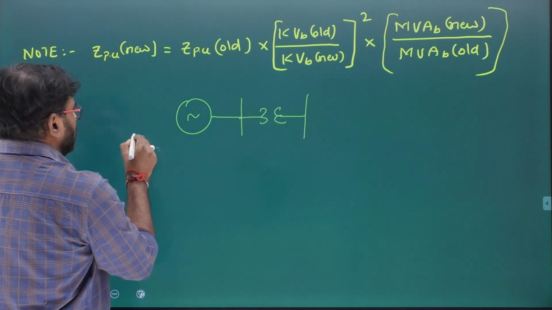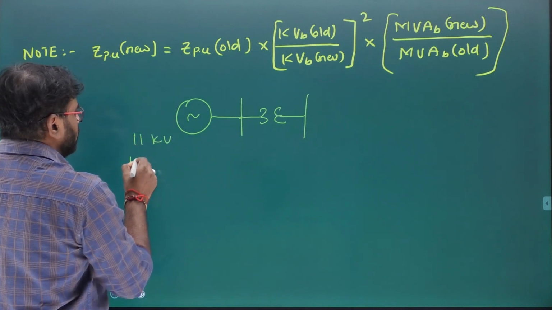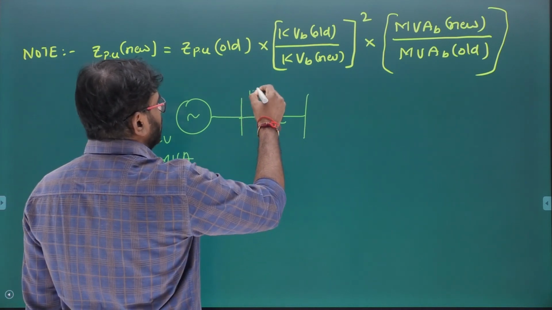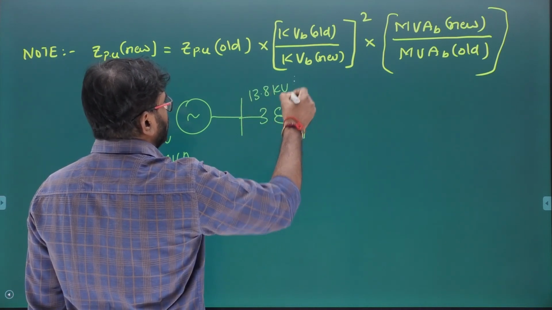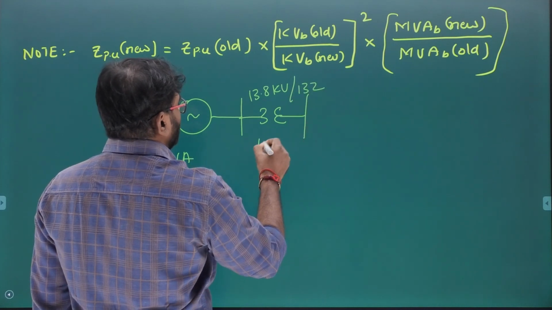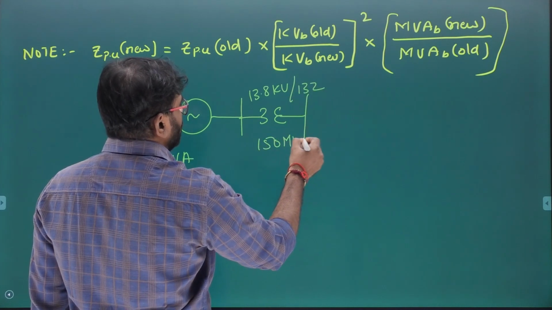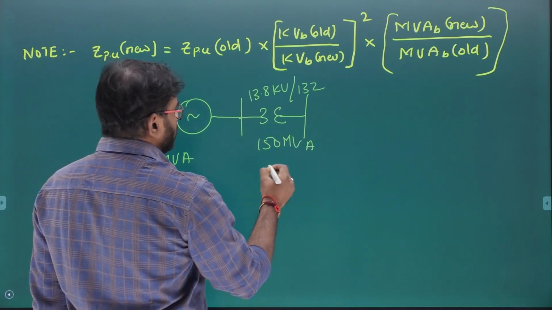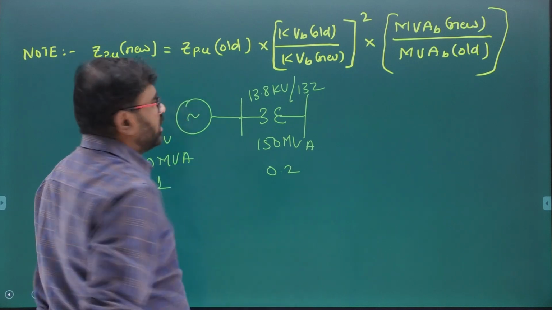It is an 11 kV, 100 MVA generator which is connected to maybe a 13.8 kV by 132 kV transformer of 150 MVA. Now the generator per unit impedance is 0.1, and here the transformer per unit impedance is 0.2, for example.